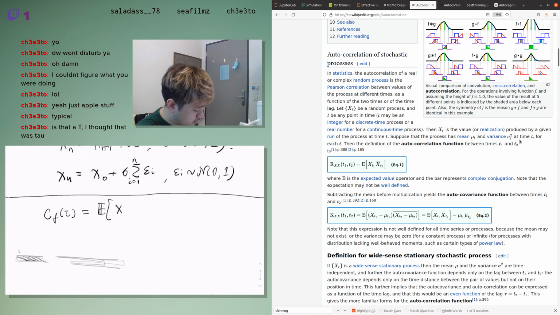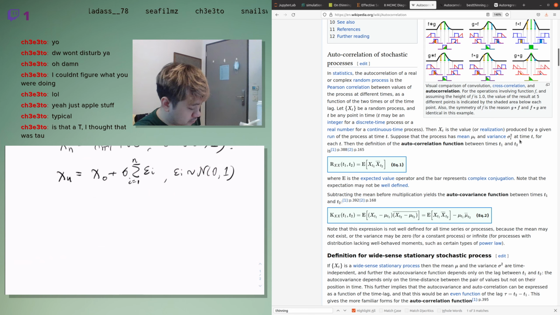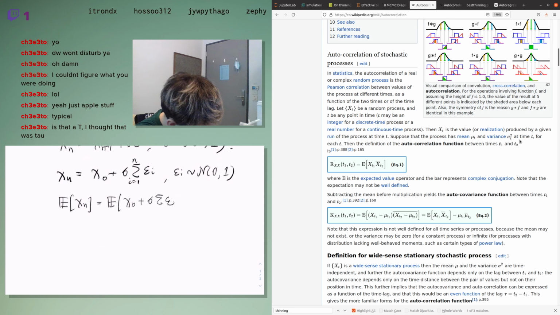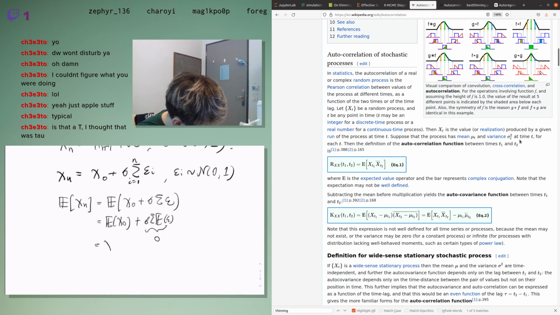Maybe it's more interesting for now to just find the expectation of the process. So if I do this, I get that this is 0, and then this is a constant, so I'm centered around here.